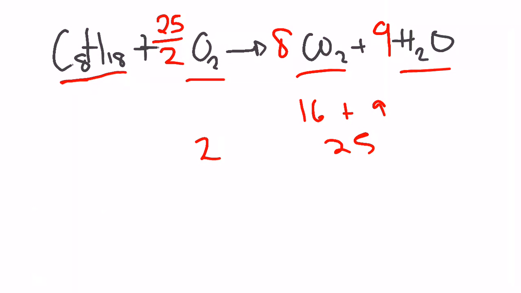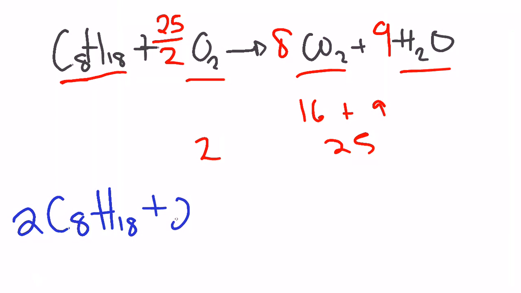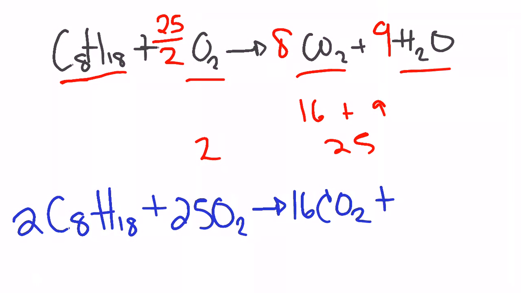So when we do this, we say 2 moles of C8H18. This is octane, by the way. You don't have to know that, but so we have 2 moles of octane plus 25 moles of oxygen yields 16 moles of carbon dioxide plus 18 moles of water.